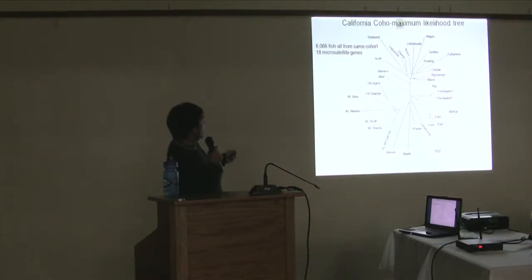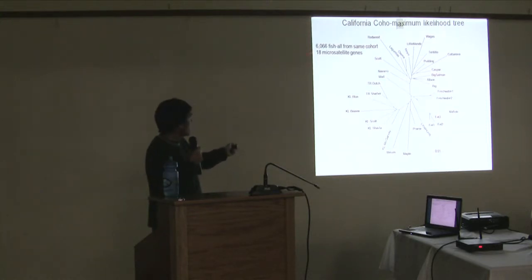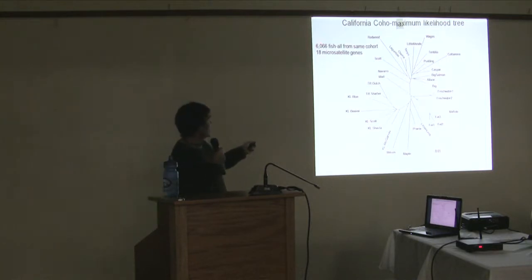Oh, I'm sorry, this is actually not 6,600 fish. This is actually about 2,500 fish. And this is again drilling down to the level of California. This is the same sort of a dendrogram that is summarizing relationships between populations of coho salmon in California, all the way from Wilson Creek, which is near the California border, down to Santa Cruz, right here.